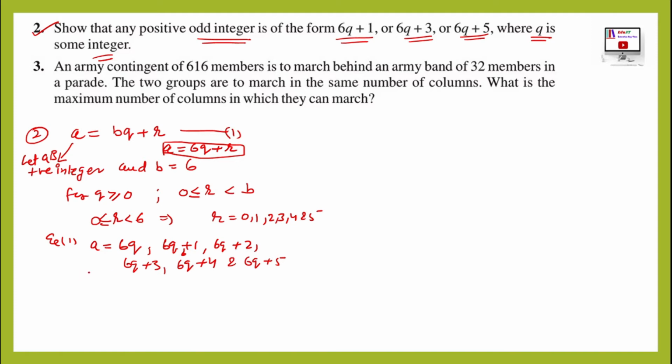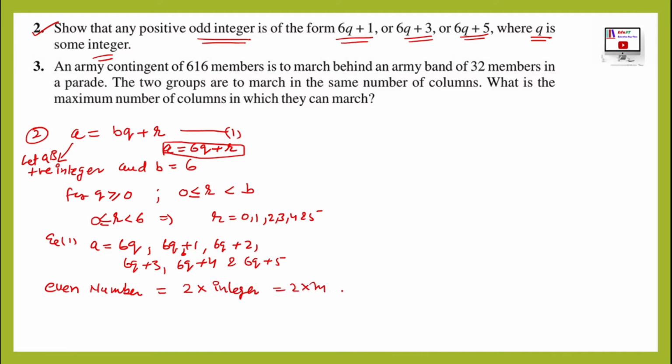So now we know that the even number is 2 multiplied by some integer. We can say 2 multiplied by some integer means 2m.